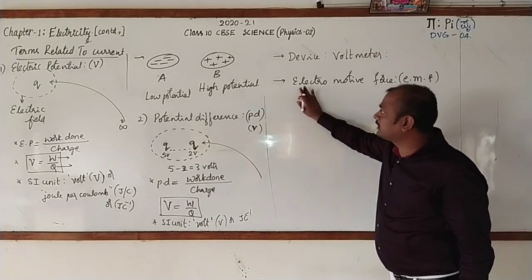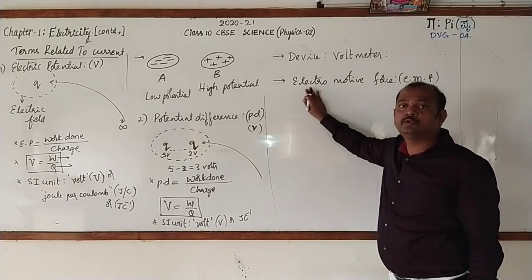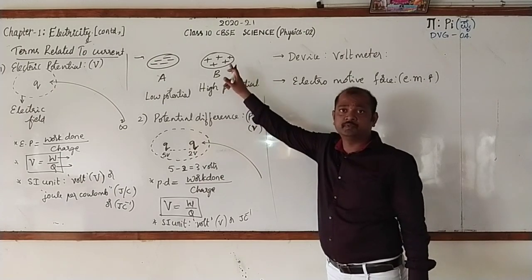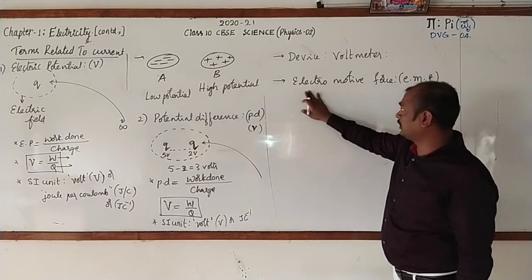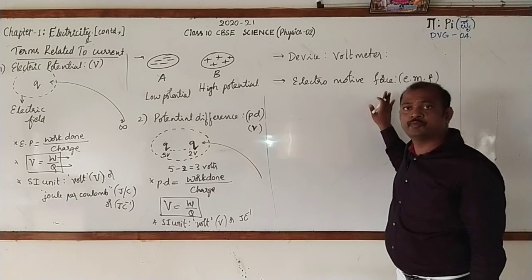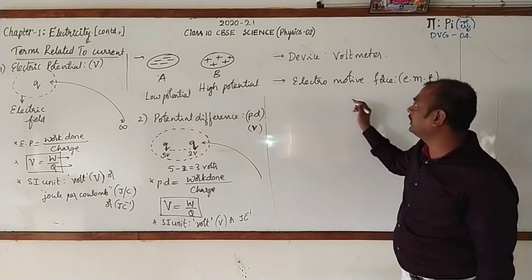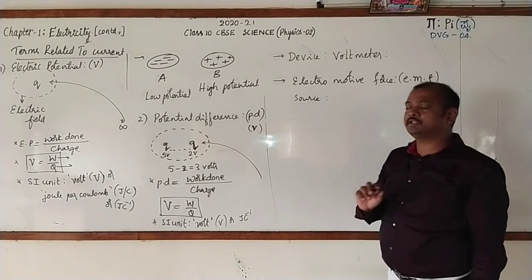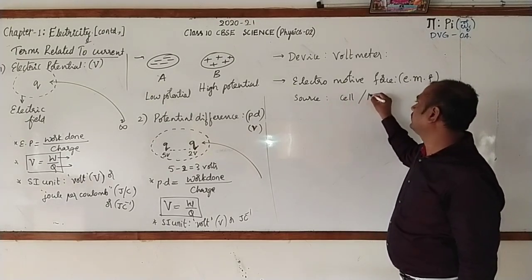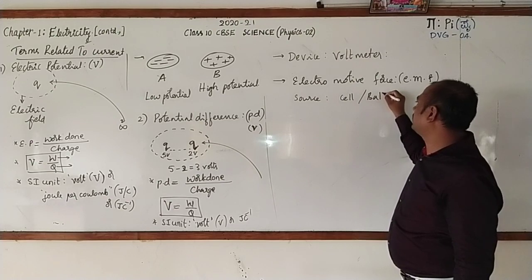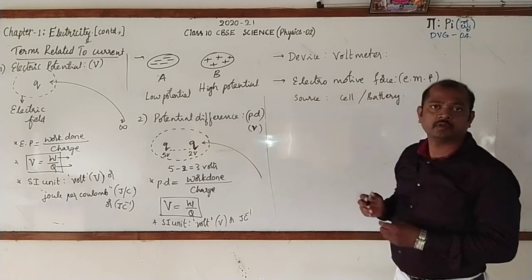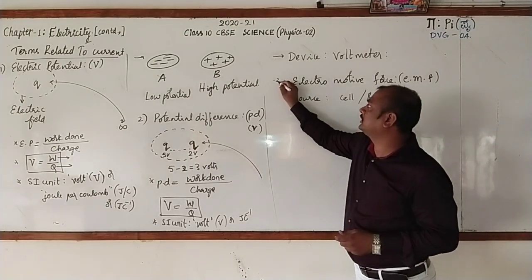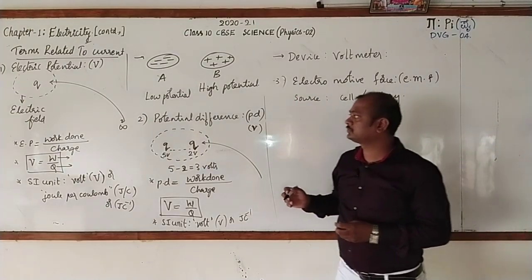The minimum energy required to maintain the constant potential difference between the ends of a conductor is called electromotive force. And the source of electromotive force is a cell or battery, an electric cell or battery. Followed? These three definitions are very important from the examination point of view.